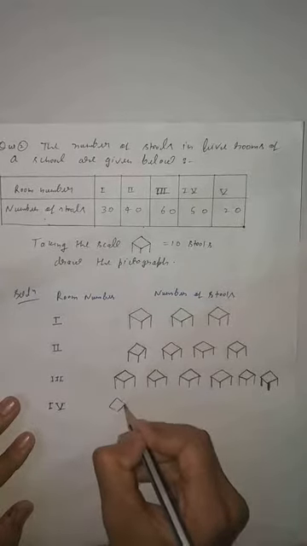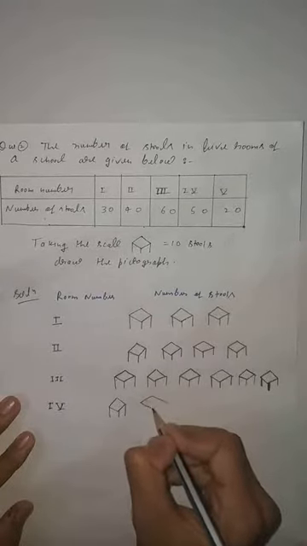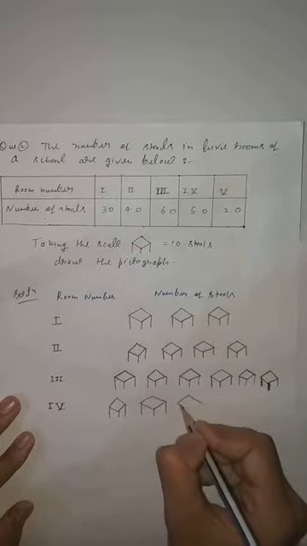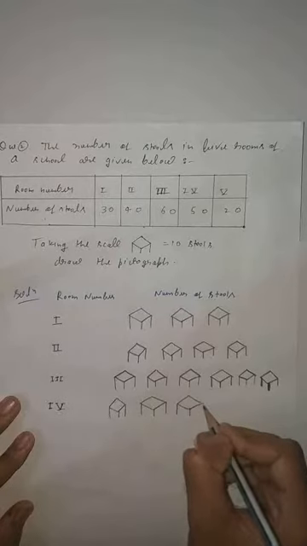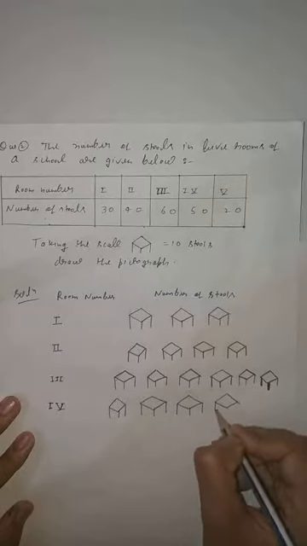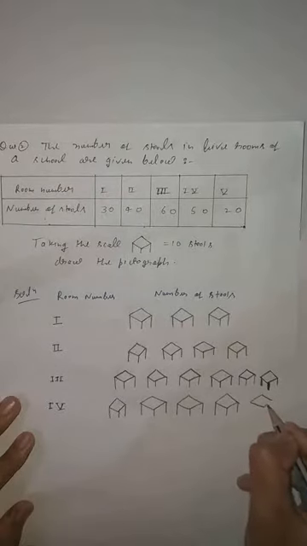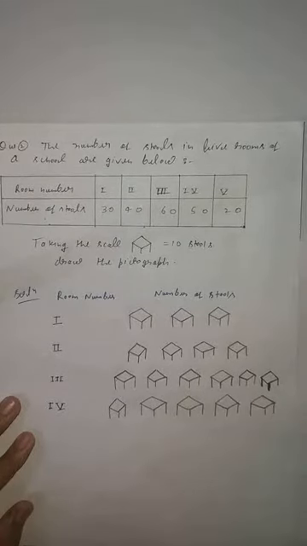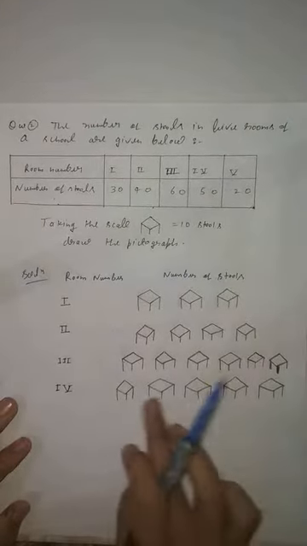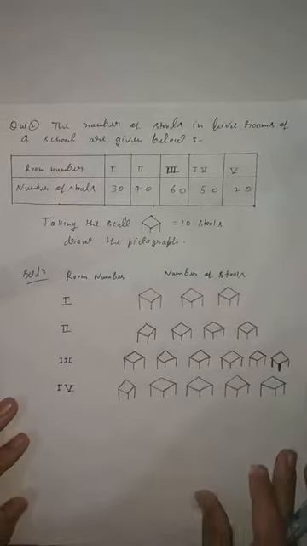This is first, this is second, this is third, this is fourth, this is 5. Clear, students? So in room 4, 5 stools: 1 2 3 4 5. This represents 50. Clear, students?